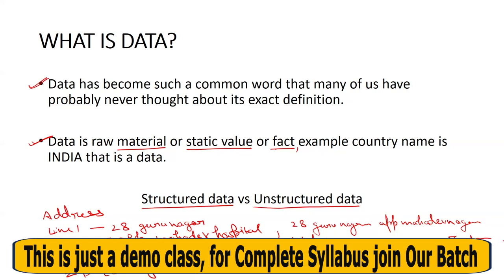Something like this. Okay, so this is a structured data in which everything is defined, like line 1, line 2, city, state, zip, this is country, and so on.